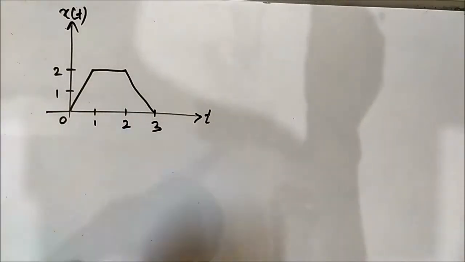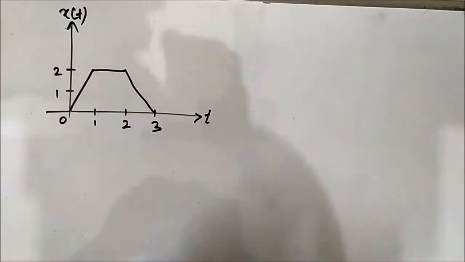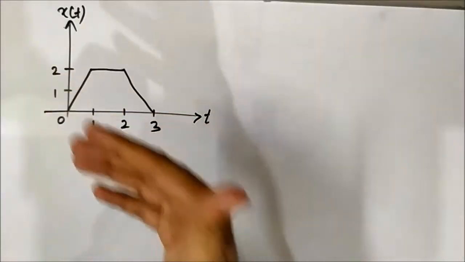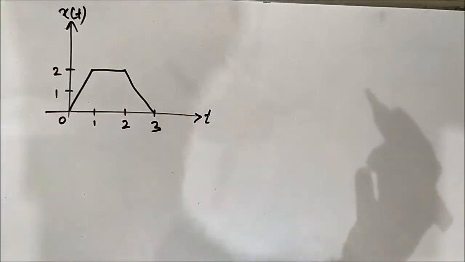So now we will perform the time scaling on a reference signal and we will see how the time scaling operation changes the nature of the signal, the shape of the signal. So here we have the reference signal x(t) with respect to t. This is the shape.